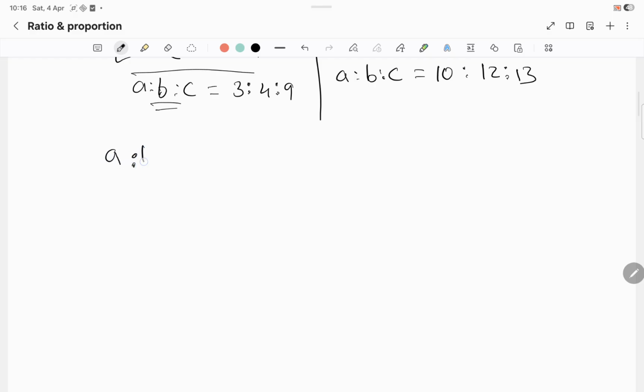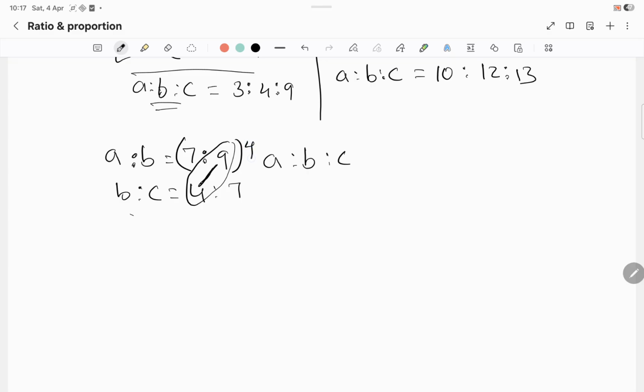Suppose A is to B is equal to 7:9, B is to C is equal to 4:7. Then A is to B is to C is equal to. Previously they both are equal or otherwise multiples. Now indirectly they are saying to take the LCM of these both. So now LCM is 36. Our target is to make these both same.